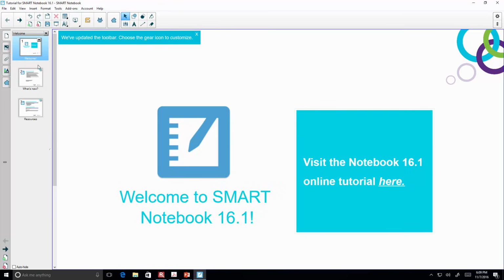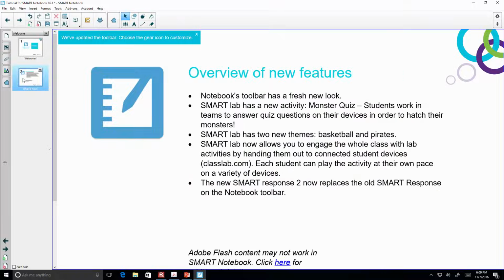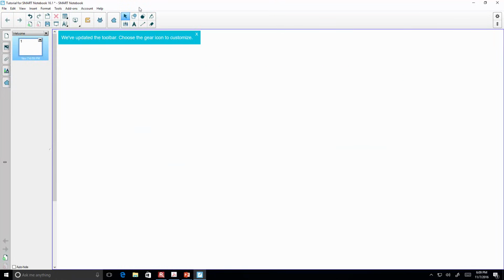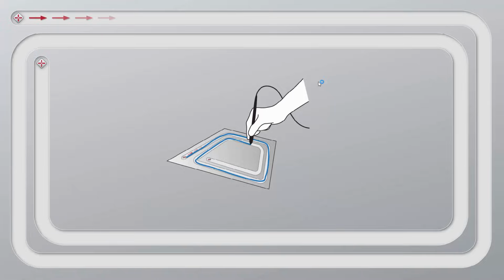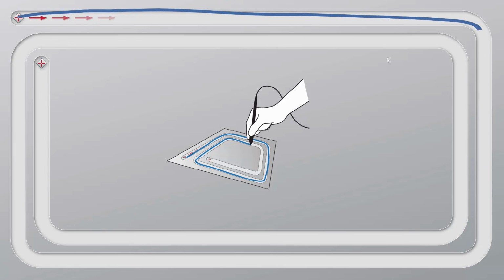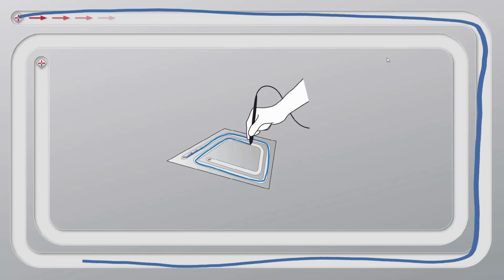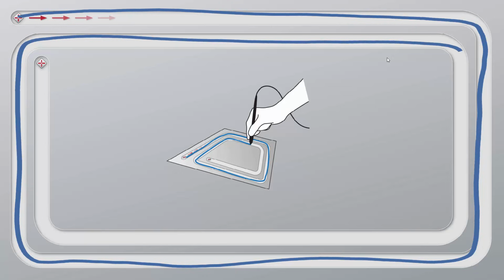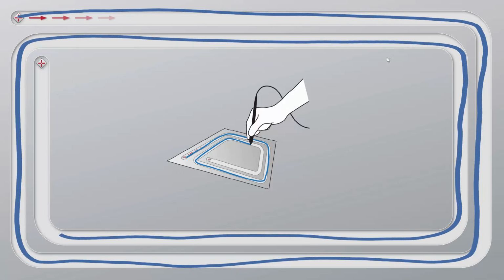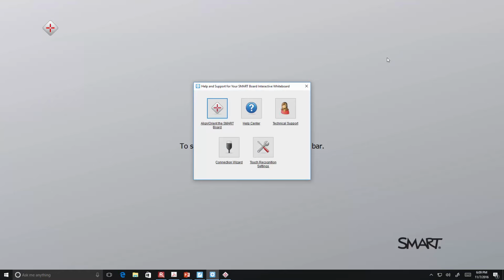All right, so there's my Smart Notebook. Let's delete all of this. There we go. Okay, let me change my settings real quick. That's not what I wanted to do, but hold on. Everything's all tangled up. Okay. All right, let's just go ahead and do this. This is the calibration thing, and since this is my first time logging into this machine, it's asking me to do that. Okay.